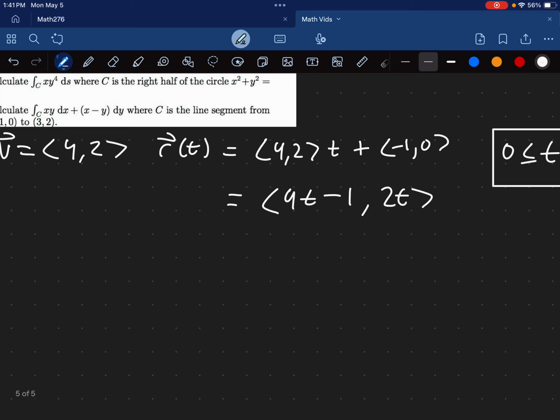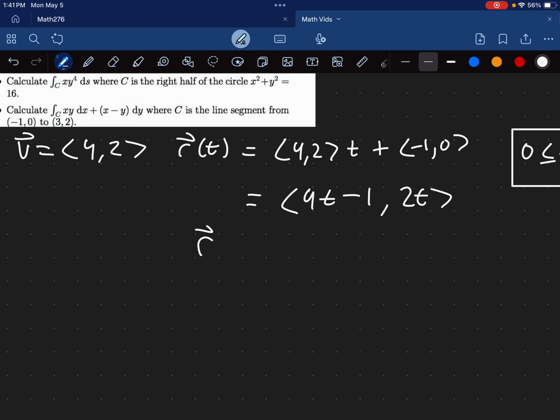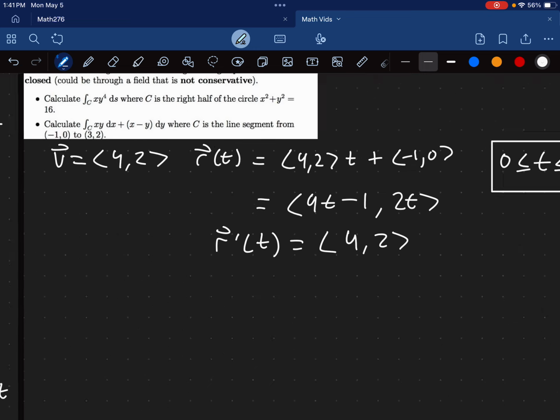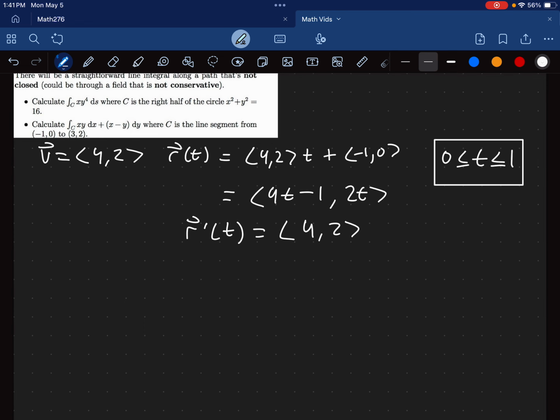And now, very similar to before, we need our r prime of t, but this time it's not the magnitude, it's just the straight up, because we have our dx dy. So you could break it up into component form, but I'm not, just to simplify the process. So now I believe we are ready to plug in and just solve our line integral.